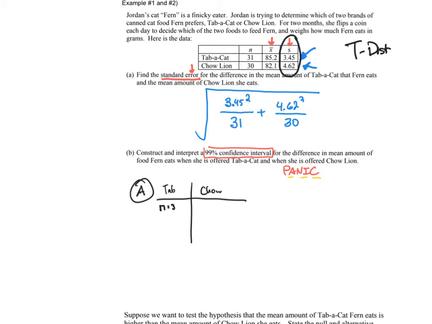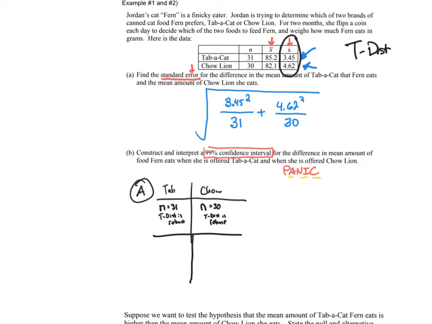Tabcat, n equals 31, so we're going to say t distribution is robust. Chow Lion, n is equal to 30, so we hit our minimums barely. T-distribution is robust. So guess what? When we subtract Tabcat and Chow Lion, we're going to be able to use a t distribution. So that's good.